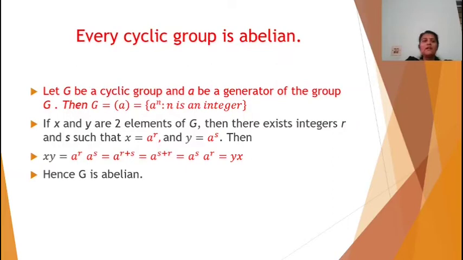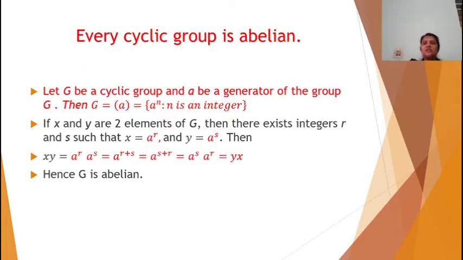For the proof, let G be a cyclic group. For every cyclic group there will be one generator, and let a be the generator of the group G. Then G can be written as G equal to the set of a raised to n, where n is an integer.